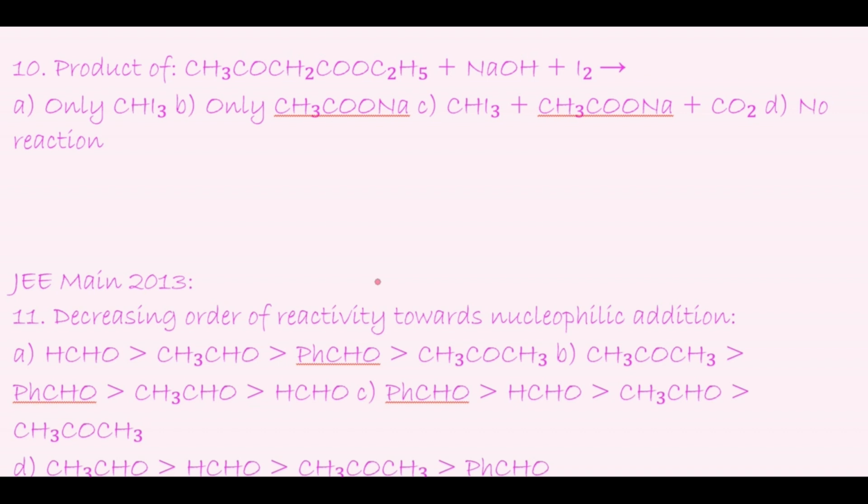And the product of CH3COCH2COO, okay, in the presence of NaOH and I2. So what is the product? Here you can see I2/NaOH. What is that? Haloform reaction. So haloform reaction means what happened?